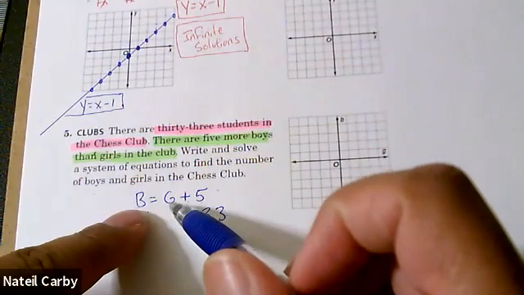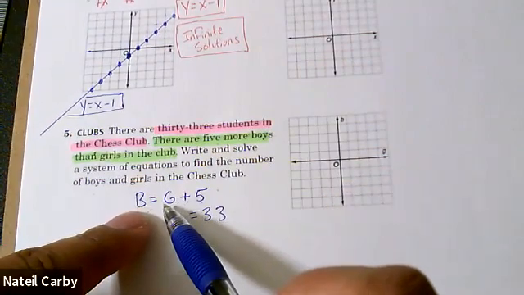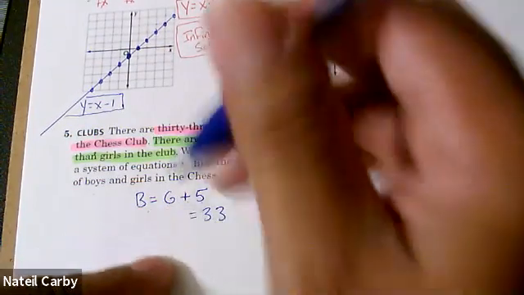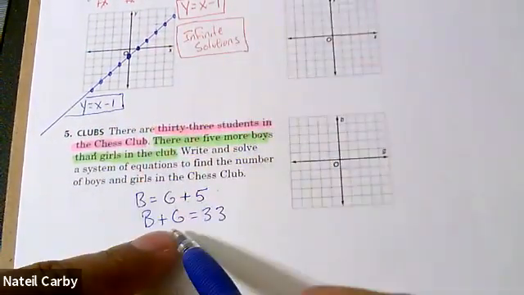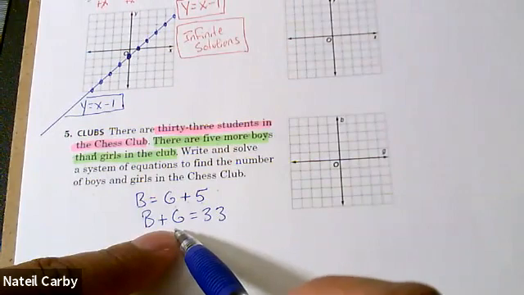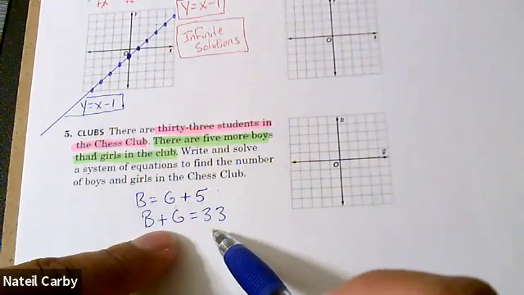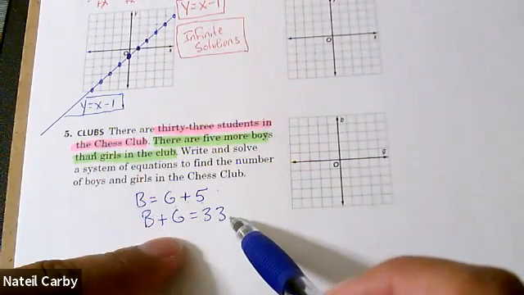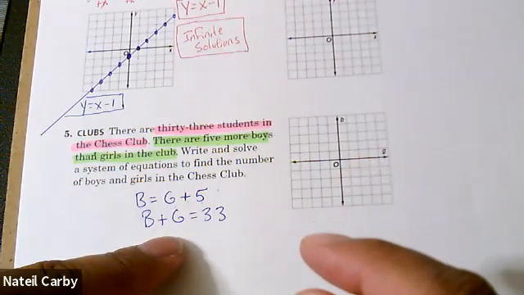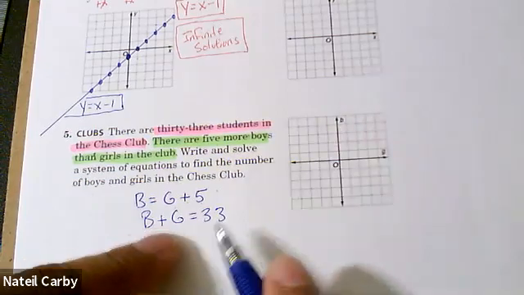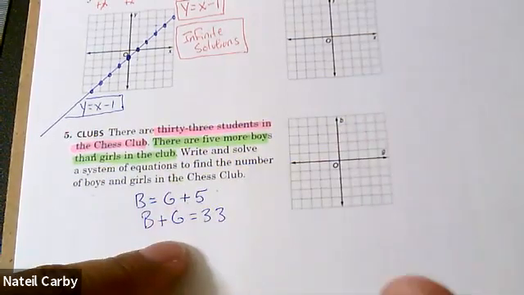But use the 2 variables you've already designated in the previous one. So the boys plus the girls is equal to 33. Boys plus girls equals 33.